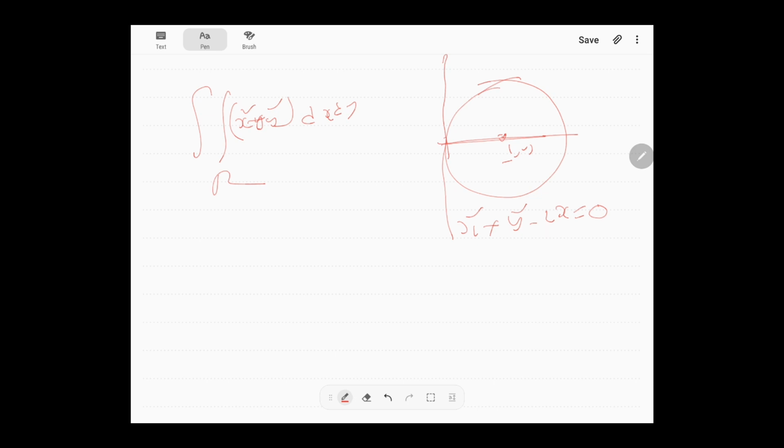For a given y, what is the value of x here? The value of x here and here we need to find out. So you need to find the value of x here. From this equation, what is your x? You simply consider it as a quadratic in x.